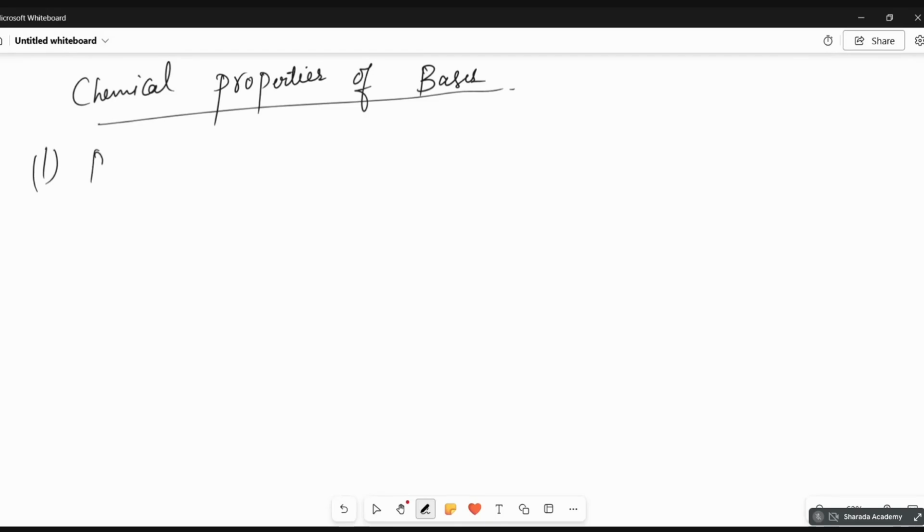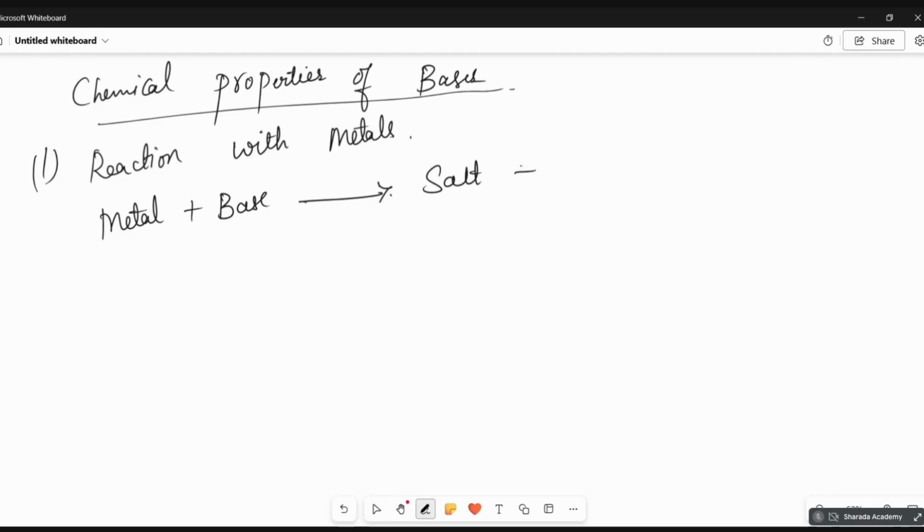First one, reaction with metals. That is how bases react with metals. Metal plus a base, you will get salt plus hydrogen gas. For example, zinc plus the base NaOH, sodium hydroxide, you will get a salt plus the hydrogen gas.